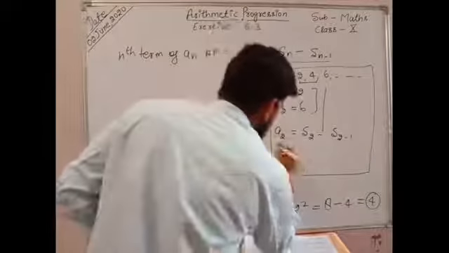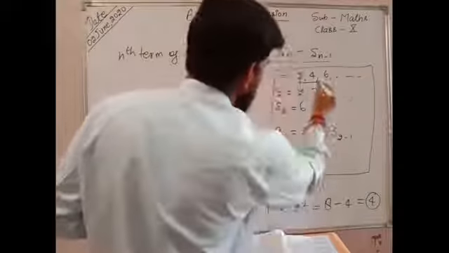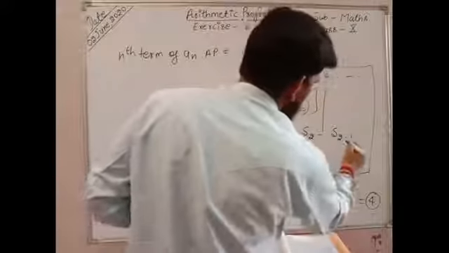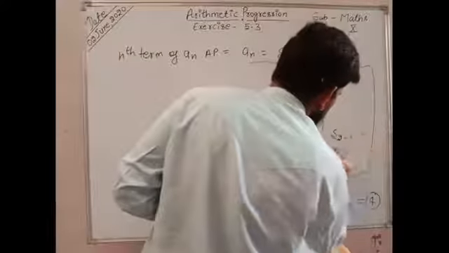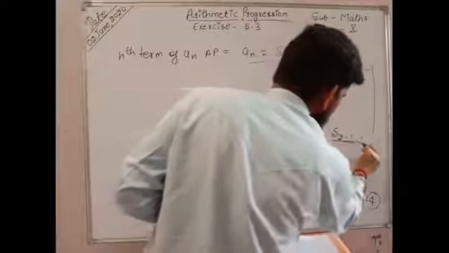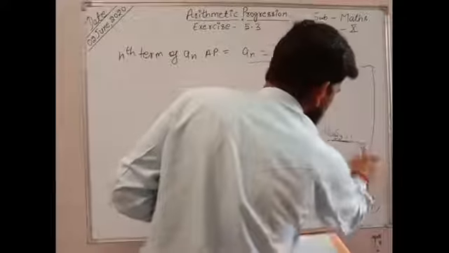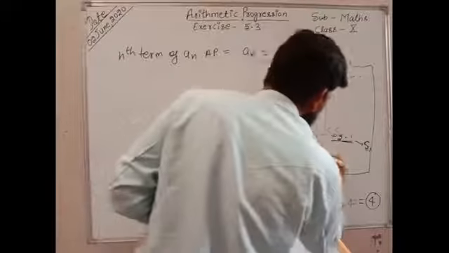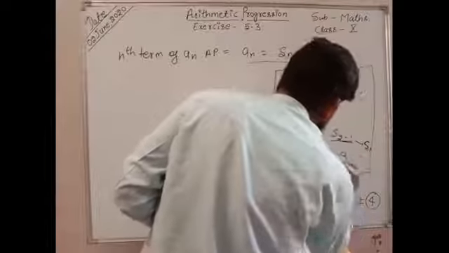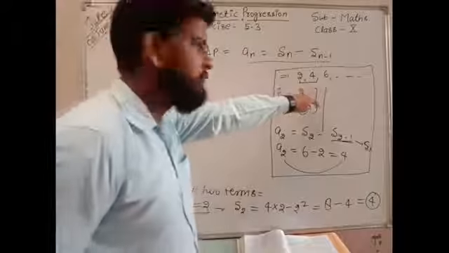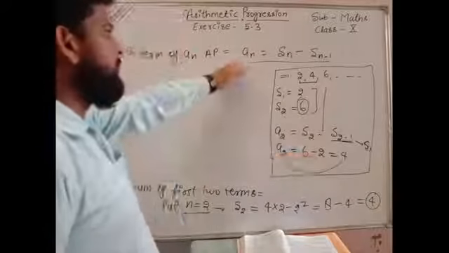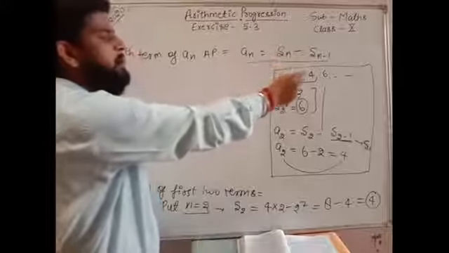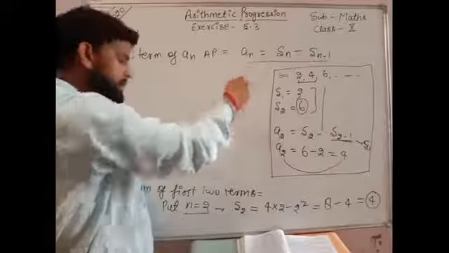So A2 is equal to S2, which is 6, minus S1, which is 2, that is equal to 4. So A2 equals 4. In the AP also this is 4. So if we have Sn, with the help of Sn we can also calculate An.